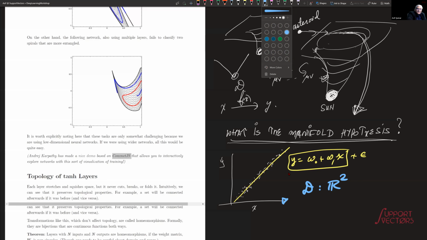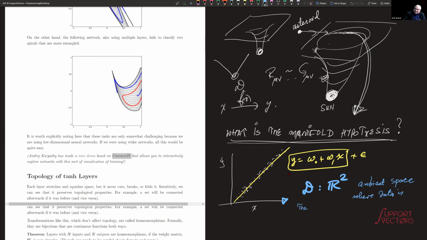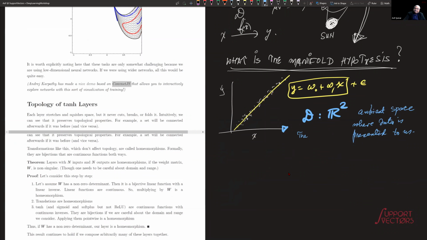Data is in R squared, so this is the ambient space where data is presented to us. In common sense terms, what it means is we will be given a table, X, Y, a table of data.